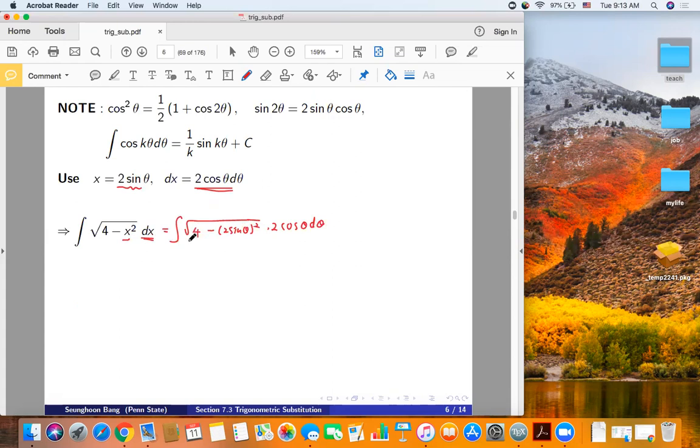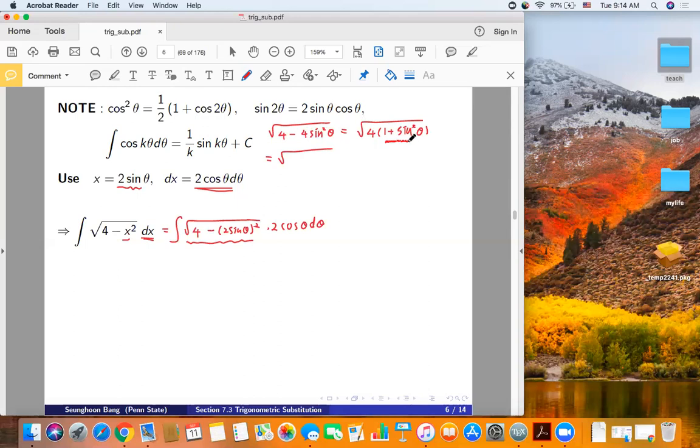Next, I'm going to simplify this one. How can I simplify? Here, the square root of 4 minus 2 sine theta squared is 4 sine squared of theta. This is the same as the square root of factor 4 times 1 plus sine squared. Next, you can use the identity.